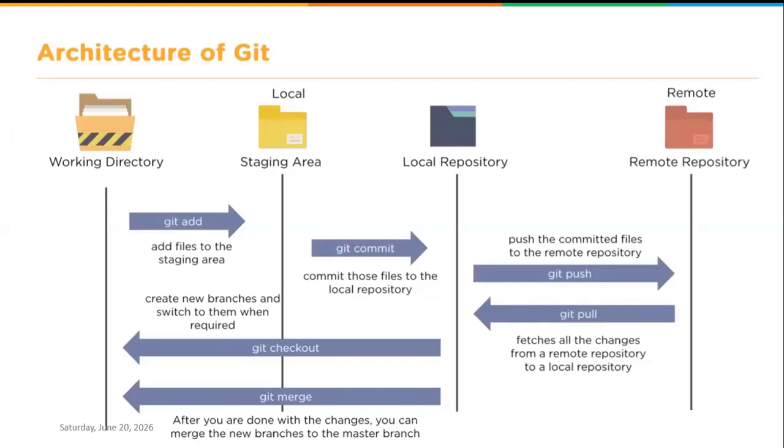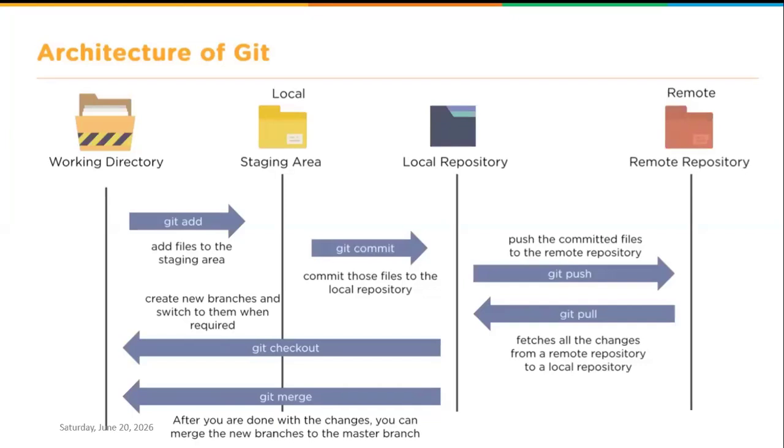After you have committed your files into a local repository, then your files can now be seen by your remote repository. So if you're working with a team, you understand that, okay, your fellow members, when they are adding files to the remote repository, now you can pull files from the remote repository to your local repository.